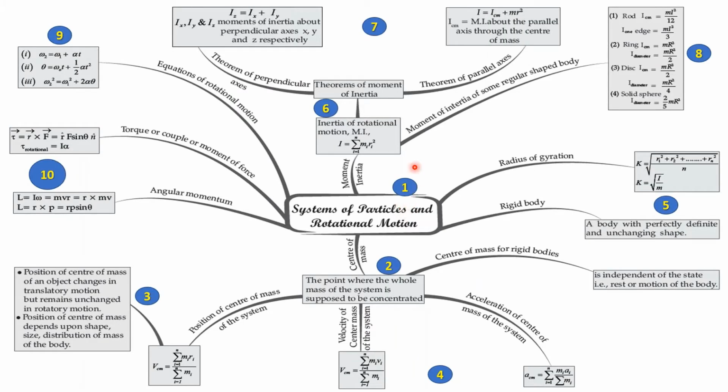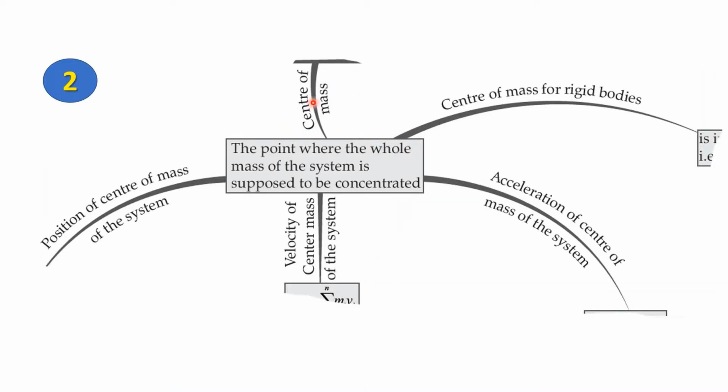Now we move from the introduction of systems of particles and rotational motion to center of mass. That's marked as number 2 in this mind map. Let me go to the extended image. What do we call a center of mass?